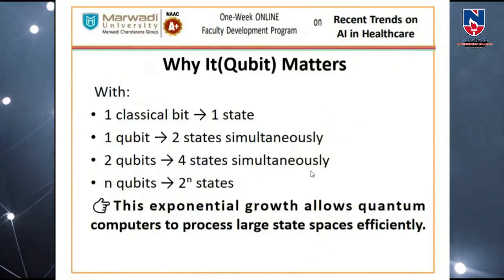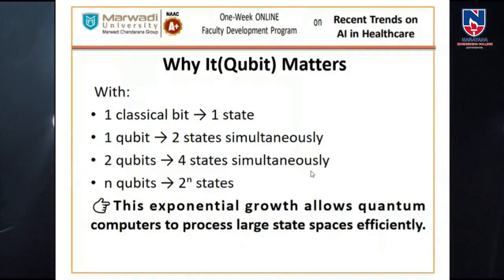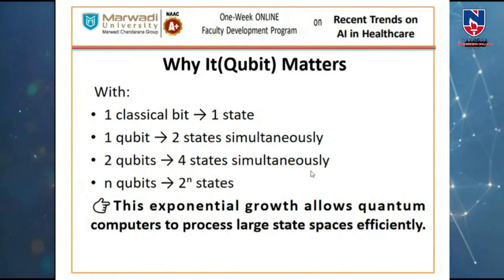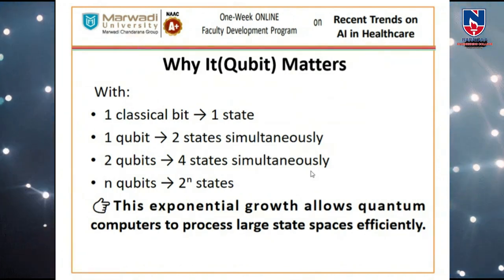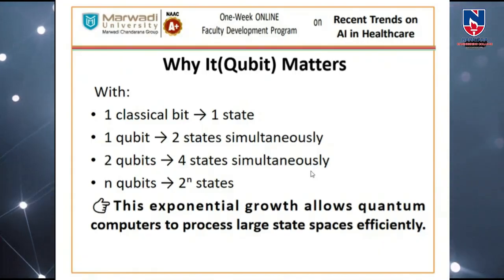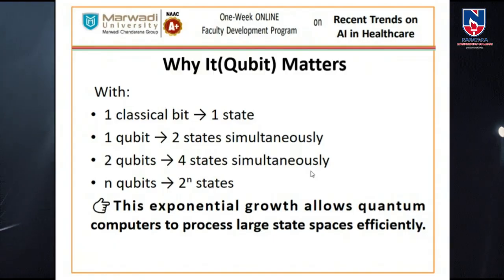If you use one qubit, we can process two states simultaneously. With 2 qubits, 4 states simultaneously. For n qubits, we get 2 to the power n states.